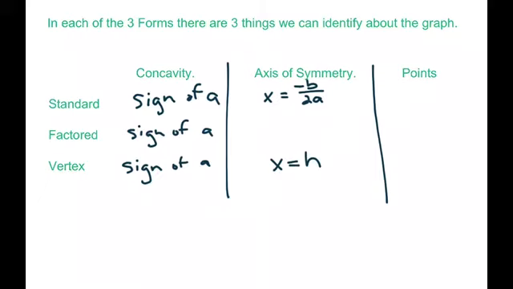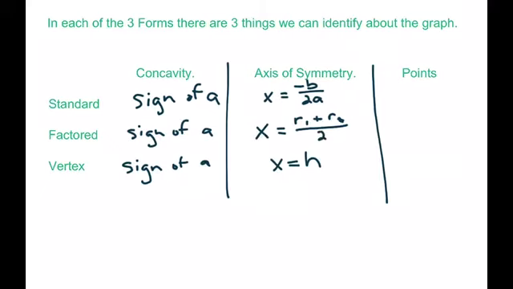Now, for factored form, it's a little bit different because we've got the two roots, and as we saw today on our activity, the vertex is exactly in the middle between the two x-intercepts. So here we can use this equation, r1 plus r2, which we're getting directly from our factored form, divided by 2.